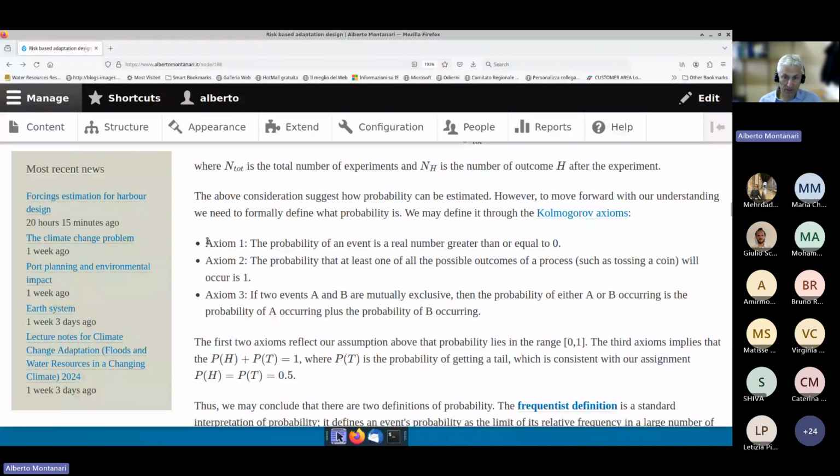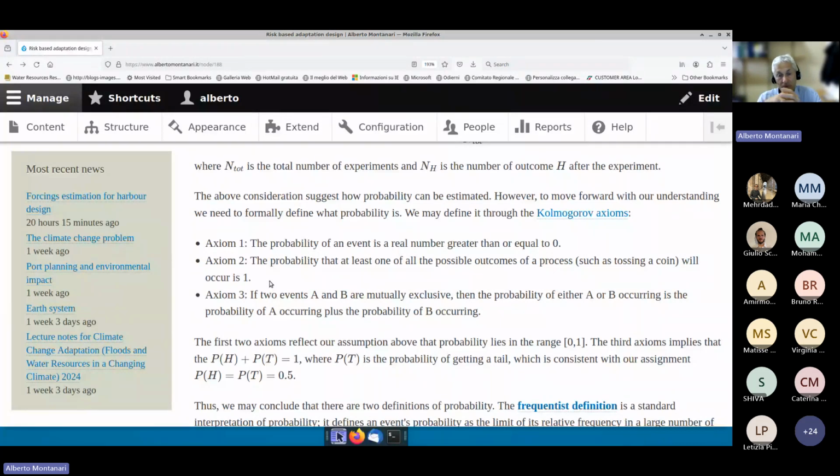Axiom 1, the probability of an event is a real number greater than or equal to 0. Very easy to remember. Axiom 2, the probability that at least one of all the possible outcomes of a process, such as tossing a coin, will occur is 1. I try to explain better. When I toss a coin, the probability of getting either a head or a tail is 1. So the probability of getting an outcome equivalent to at least one element of the sample space is 1.